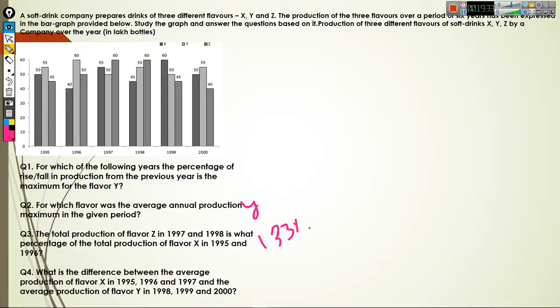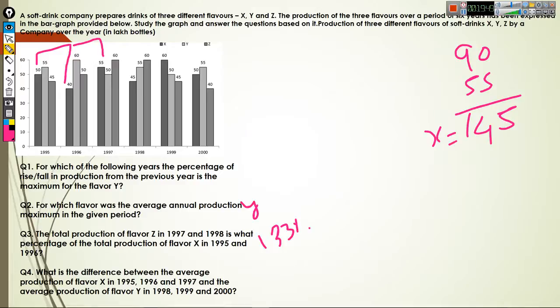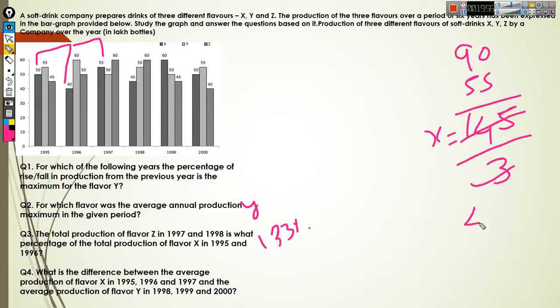So 50, 40 and 55. 50 and 40 is 90, and 90 plus 55 is 145. Divide by 3: 3 4s are 12, 2 14, and 3 8s are 24. So it is approximately 48.